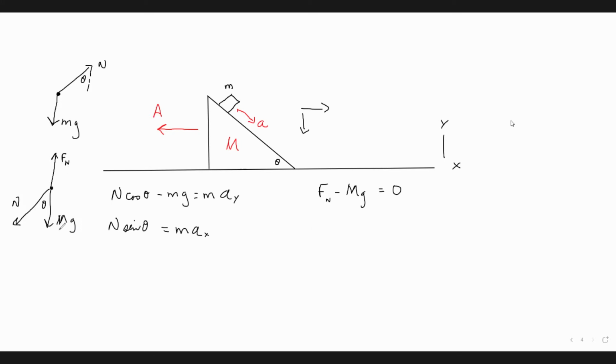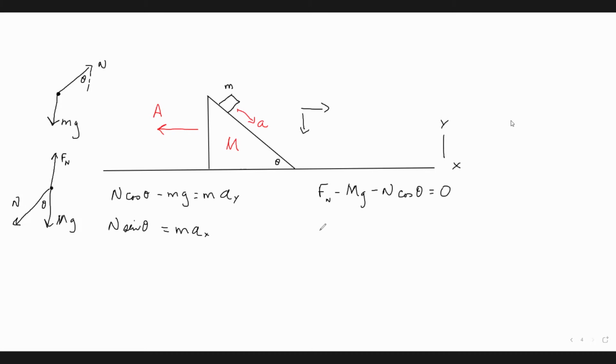Fn minus mg minus n cosine theta. Okay. Now, it turns out this equation is useless. We don't need it. Because it introduces the new variable Fn.